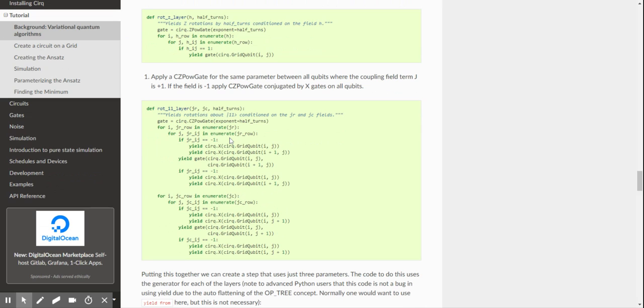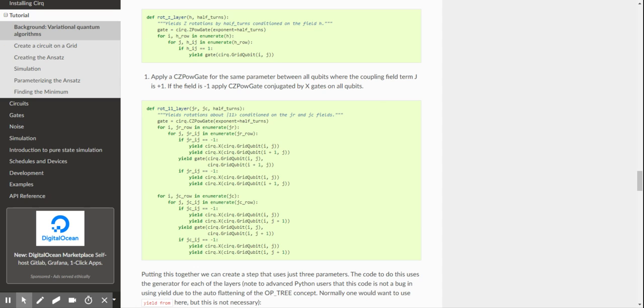So first of all, control Z rotation is going to need 2 qubits. So I'm assuming that those are the 2 qubits that basically are part of the J, because remember that the coupling field J is basically between 2 of the sites in the lattice, right?